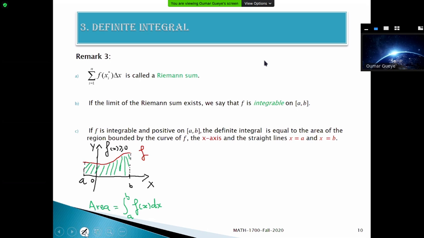So for example, let's say in this case you have this function, which is negative. So my function f is less than 0 for x belonging to the interval AB, because we are interested in that interval.